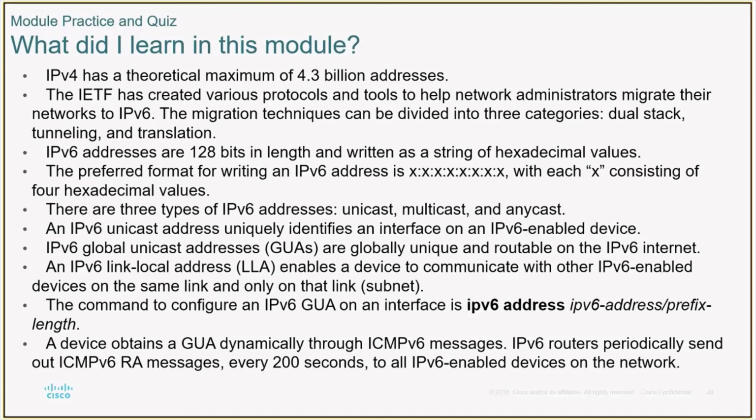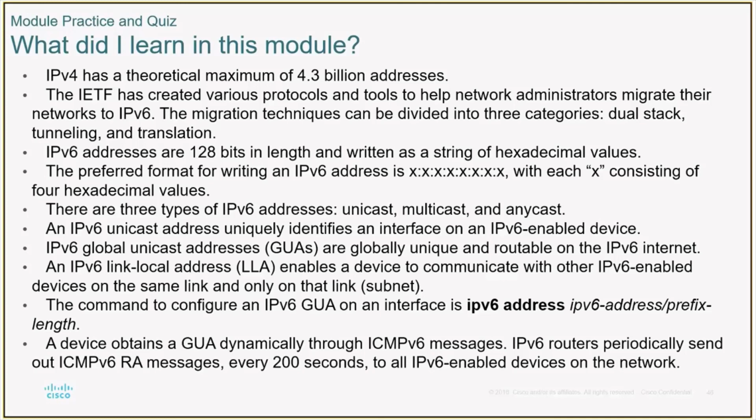IPv6 addresses are 128 bits in length and written in hexadecimal. The preferred format, of course, is 8 hextets with a colon between them. There are three types of IPv6 addresses: unicast, multicast, and anycast. But of course, there are subcategories as well. An IPv6 unicast address uniquely identifies an interface on an IPv6 enabled device.